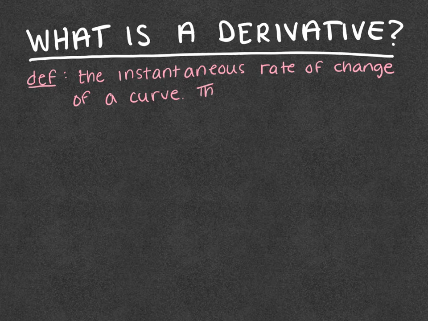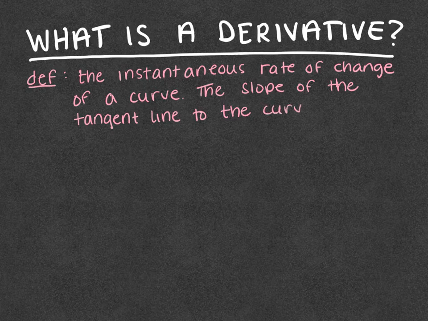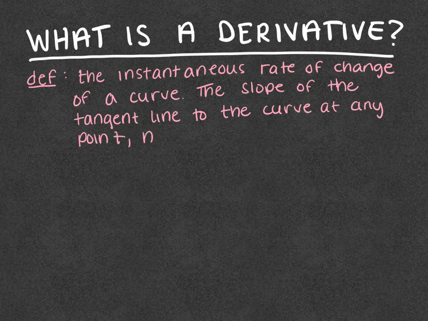We could also say it is the slope of the tangent line to the curve at any point. All right, this might sound a little bit like gibberish, but we will go over what all of that looks like and what that means.